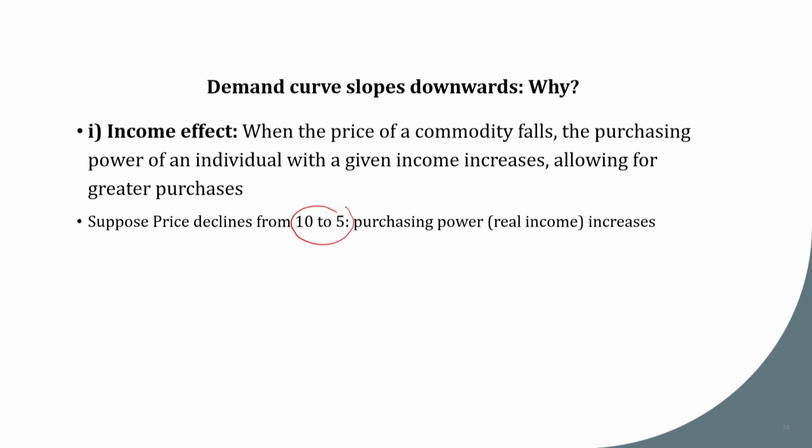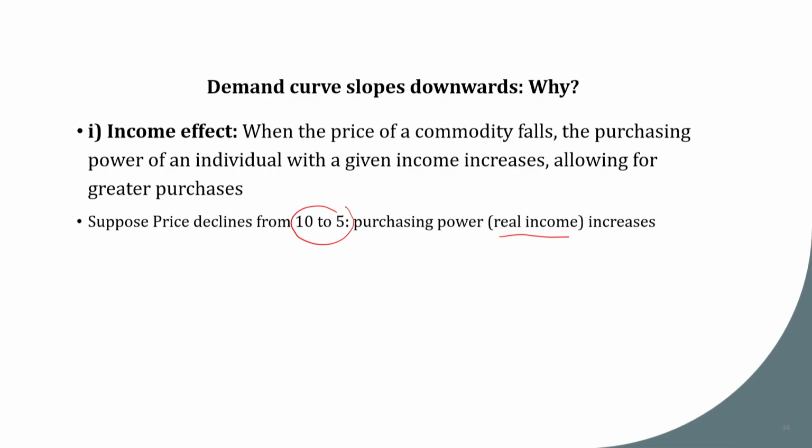Imagine the scenario. Earlier you were paying 10 rupees per cup of tea, but now you need to pay only 5. So for buying 1 cup of tea, you have now saved 5. So you have more income; your real income, the purchasing power, has increased because of the decline in the price. Now you can buy more of this commodity.